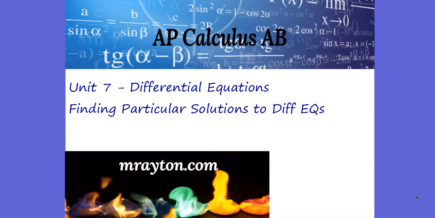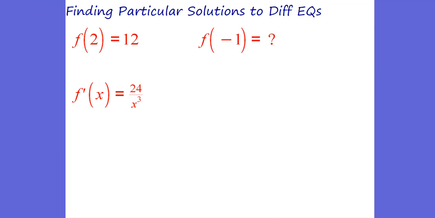In the same way, today we're going to be taking a look at how to find particular solutions, exact solutions to our Diffie-Qs. So we're going to cascade along in our difficulty. We're going to start off pretty easy and keep getting more and more difficult.